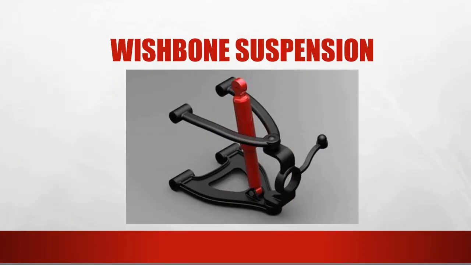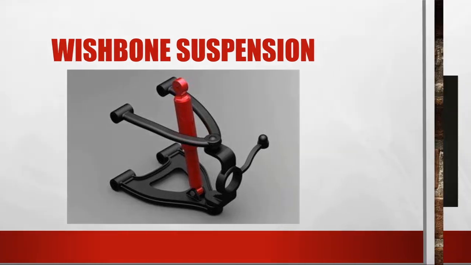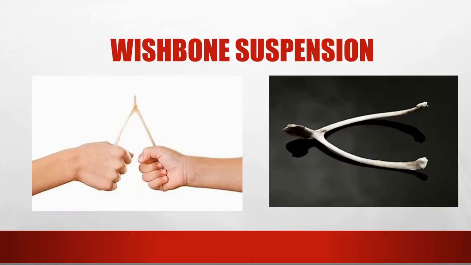Now let's get into the wishbone suspension. Here comes the best suspension ever developed, and so we start with the word wishbone. It is said that a bird's wishbone is held by two persons and broken apart. The person with the longer part of the bone will be granted a wish. The shape was the inspiration for development, and so the name double wishbone.